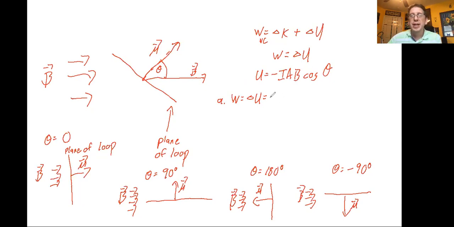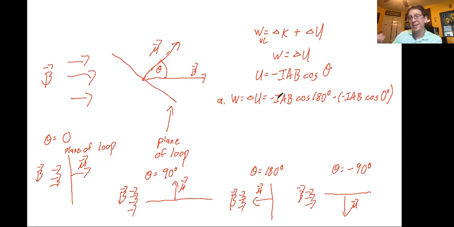So that's negative I A B cosine 180 degrees minus negative I A B cosine 0 degrees. So we're going from 0 to 180 degrees, and we want to figure out the change in potential energy.